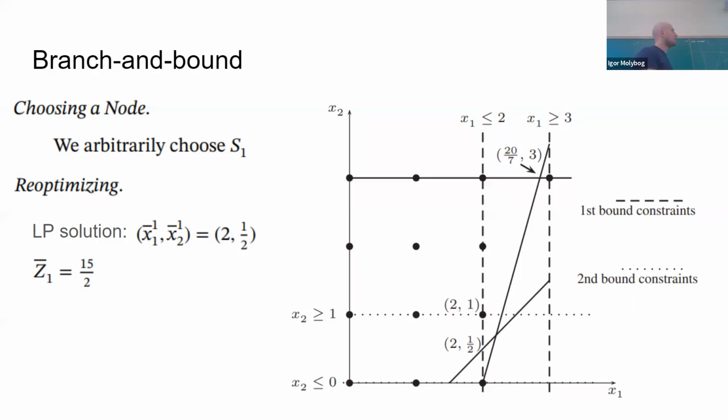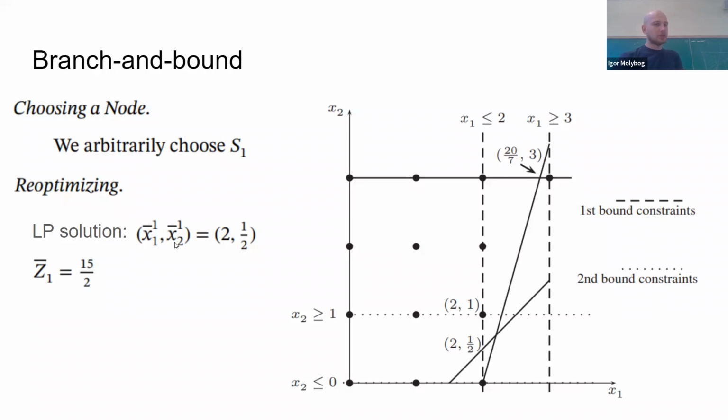There are different heuristics for that, but in our case we'll most commonly be choosing the node randomly, just an arbitrary choice. We have chosen the node S1, and we are re-optimizing, meaning that we are solving our problem once again, now with this additional constraint.